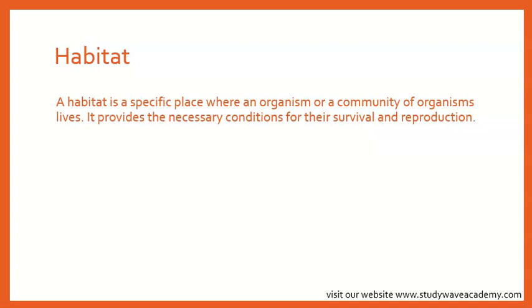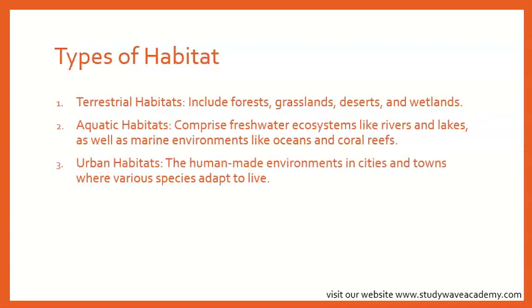Good. So we're going to be looking at types of habitats. Terrestrial habitats include forests, grasslands, deserts, and wetlands. Forest, this is like the home for many animals and plants, with lots of trees and shade.